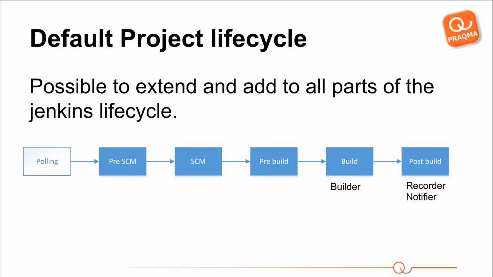So for the build, you will have a builder, and for the post build, in our case, we'll have a recorder. There are some subtle differences between the recorder and the notifier, but usually a notifier is used because sometimes post builds need to notify other projects to start. For example, you trigger a downstream project when your build is successful. So that's how they're used and why they are there.